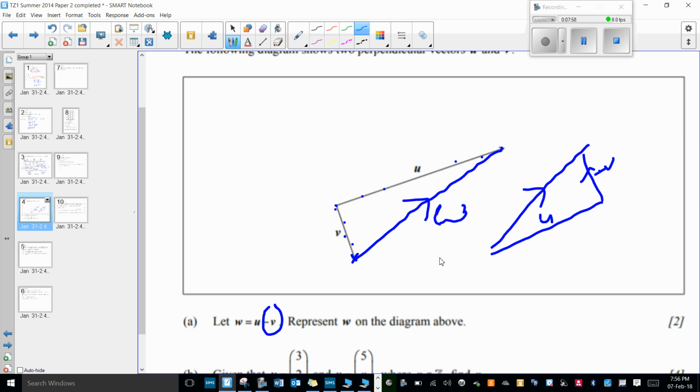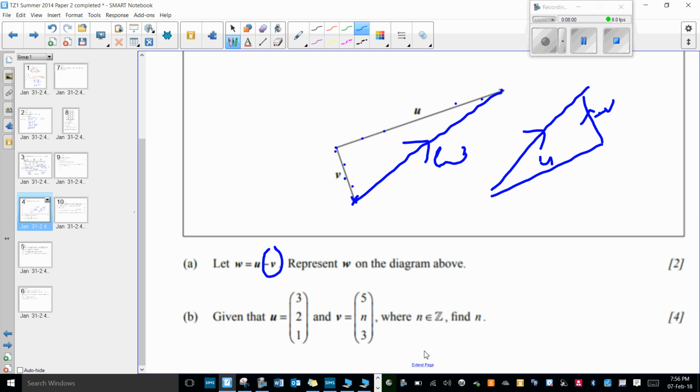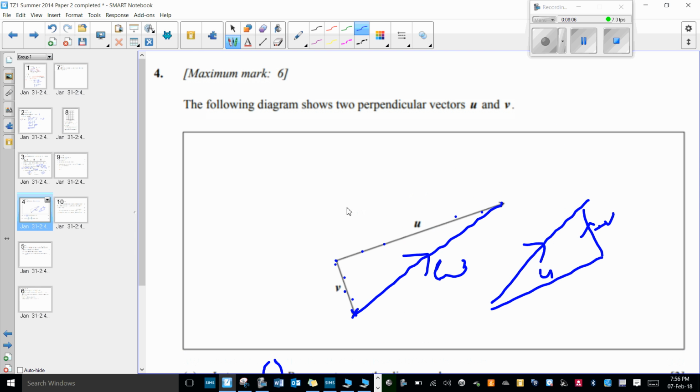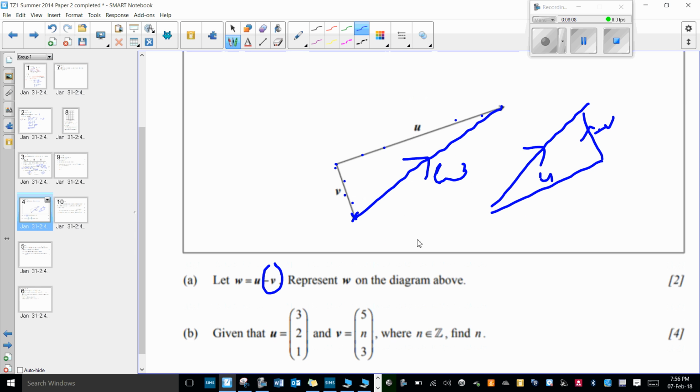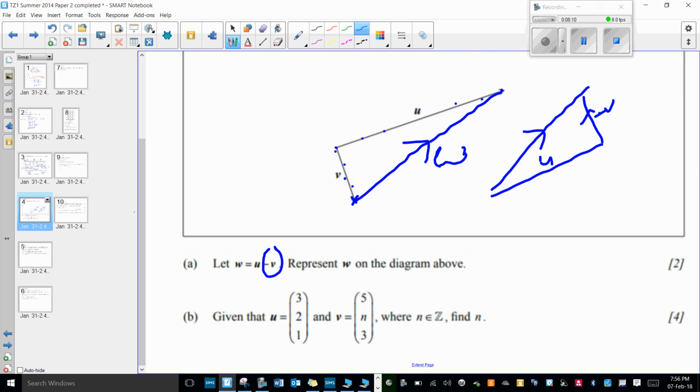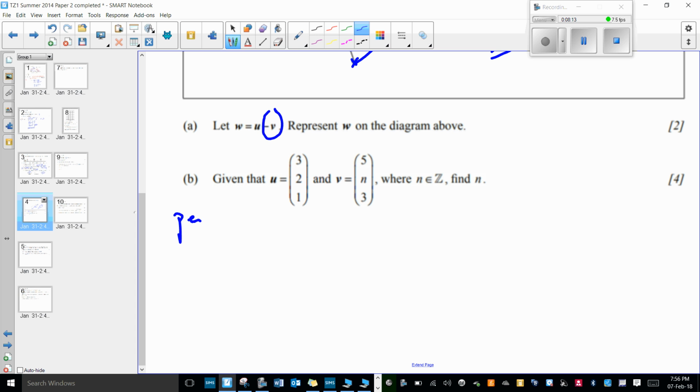Alright, given that u... Okay, so that we need to find n. What's special about u and v is that they are perpendicular. So when we have perpendicular vectors, the u dot v is equal to 0.